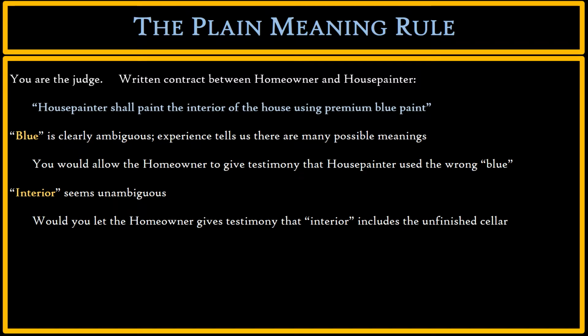Well, interior at first blush might seem unambiguous, but after you hear homeowner's interpretation, you might say, yeah, I can see that. So the word interior is reasonably susceptible to homeowner's interpretation. We would let homeowner give that testimony to the jury under the plain meaning rule.